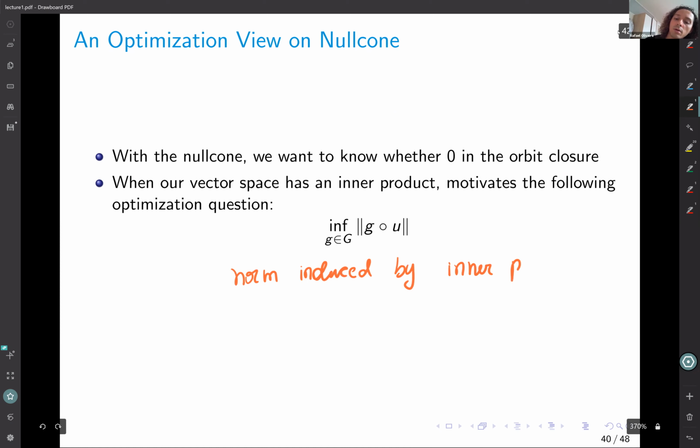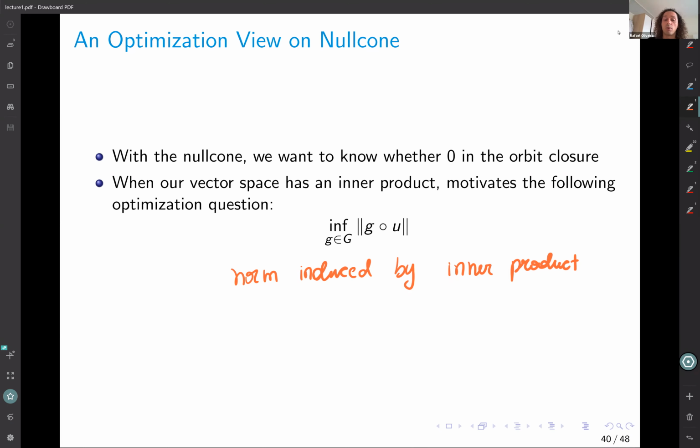Now, the null cone is really interesting only when the group is infinite. So let's not consider finite groups anymore, because the null cone for finite groups is just 0, since all the orbits are closed. So 0 is the only point in the null cone. Whenever we talk about the null cone problem, we talk about continuous groups.